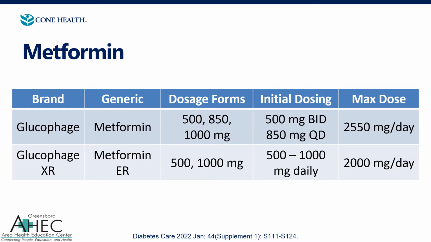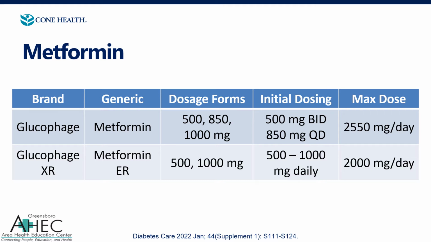When titrating metformin for a patient, the dose increases should be made by 500 milligrams per day, and that should be changed every week. So if you're starting a patient on 1,000 milligrams per day, then increase to 1,500 milligrams the next week, and then 2,000 milligrams per day the following week.